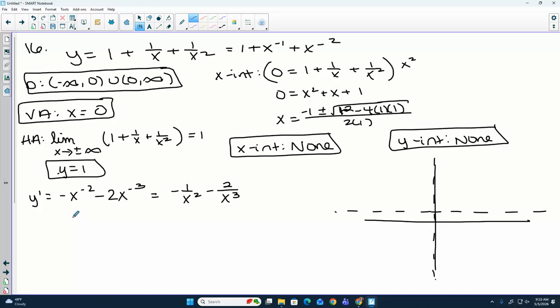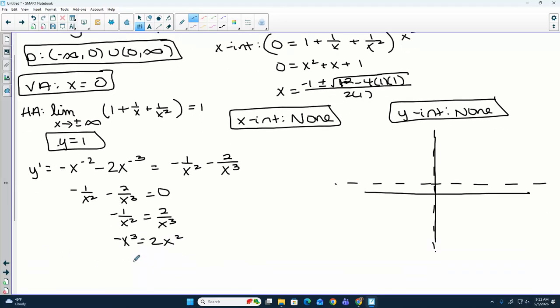So if I set that equal to 0, I'll get 2x squared plus x cubed, so I could take out x squared.